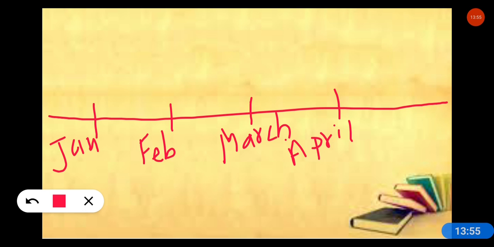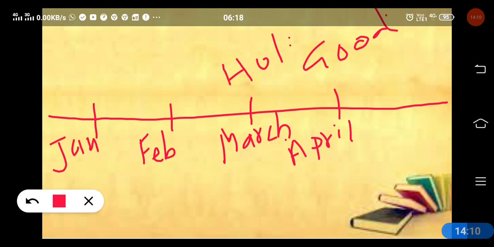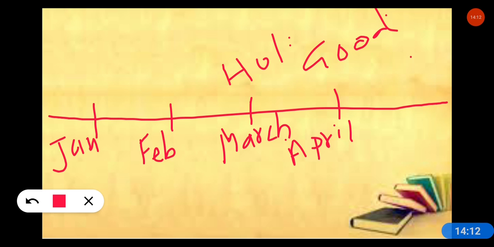January or February? It comes in March. So you have to write Holi here. Good Friday, April. Easter, Good Friday and Easter, you have to write here.